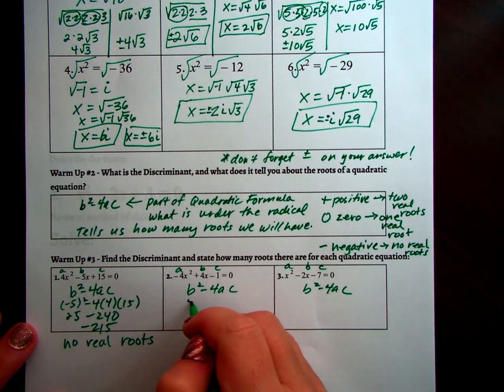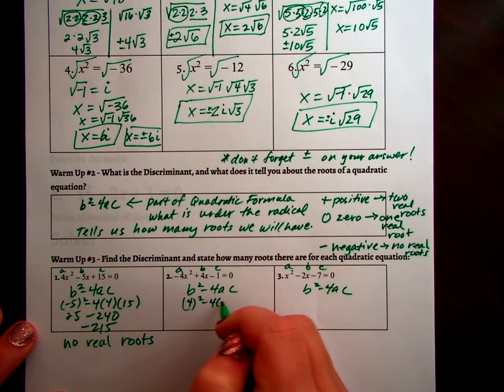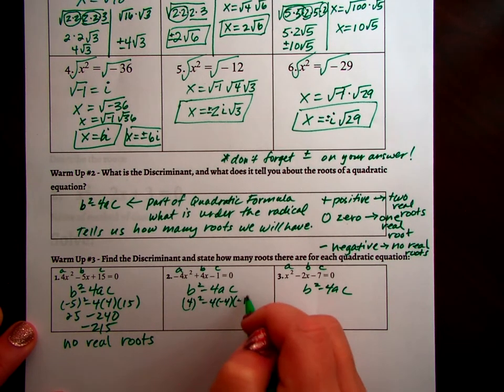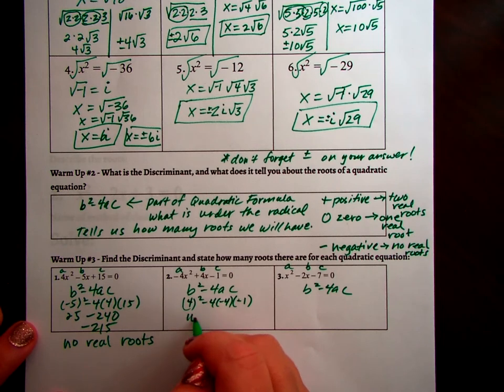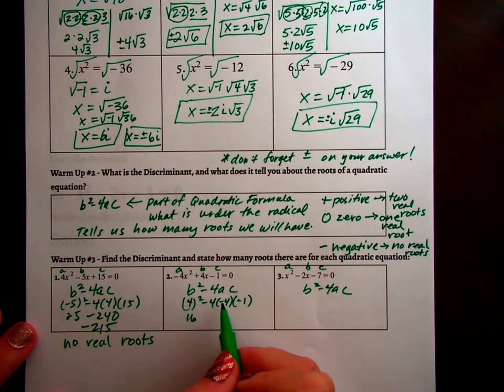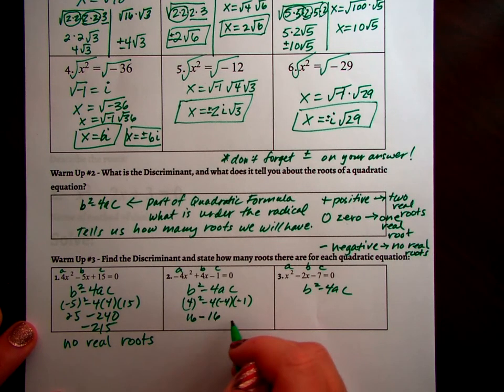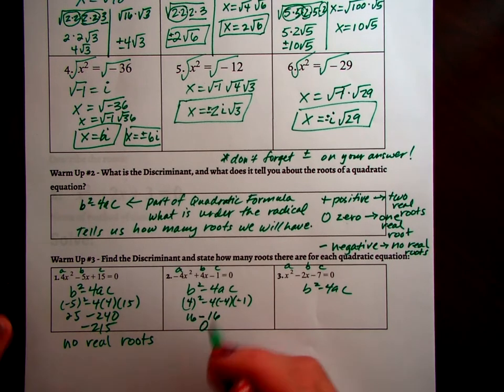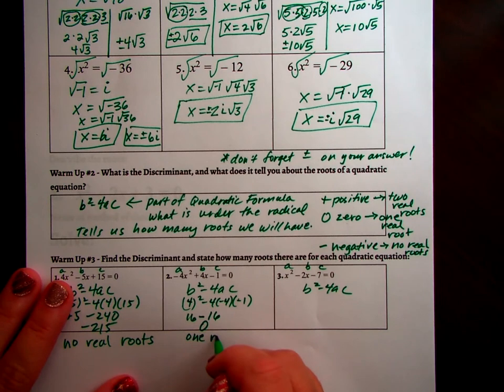Over here we've got 4 squared, minus 4 times negative 1. Lots of negatives here, be careful. So we have 16. So this is going to be negative times negative is positive. Positive times negative is negative. 16 minus 16, we've got a 0 discriminant. That means we have 1 real root.